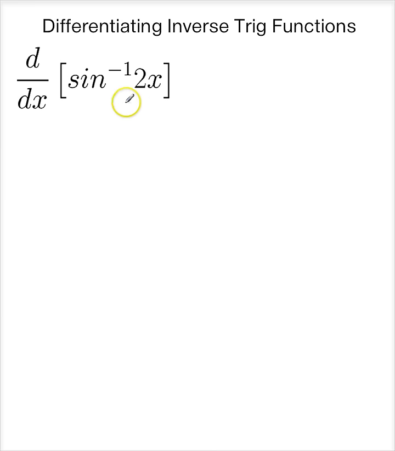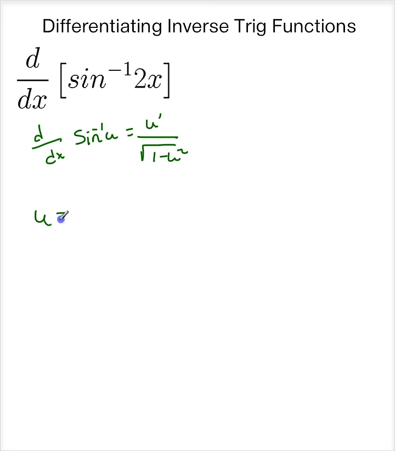So let's try to take the derivative with respect to x of the inverse sine of 2x. Now you know the form: d/dx of the inverse sine of u is equal to u prime divided by the square root of 1 minus u squared.